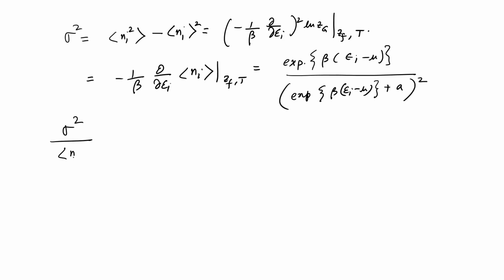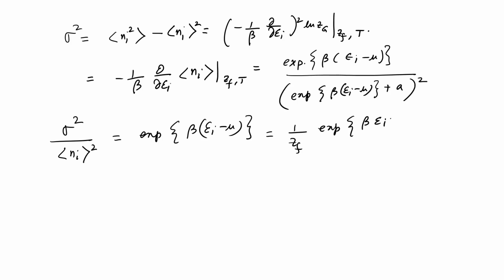So, n I square is equal to exponential beta into epsilon I minus mu, and this is nothing but equal to 1 over Zf exponential beta epsilon I, and this is nothing but equal to 1 by n I average minus a. Okay.